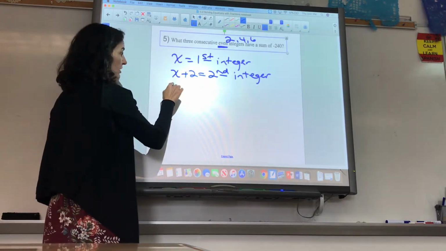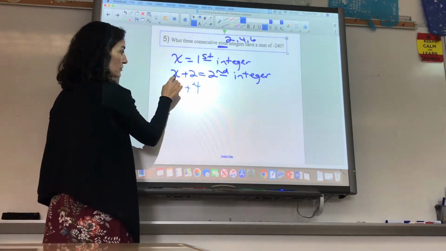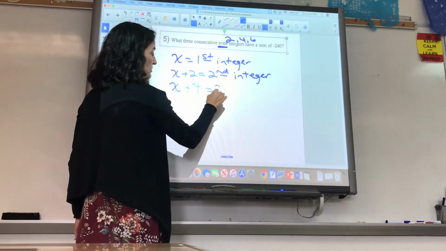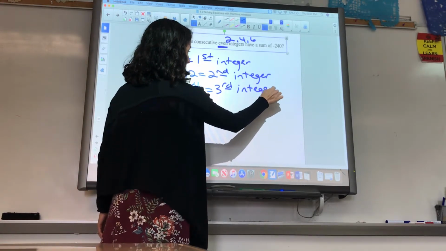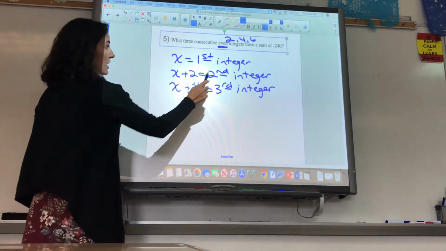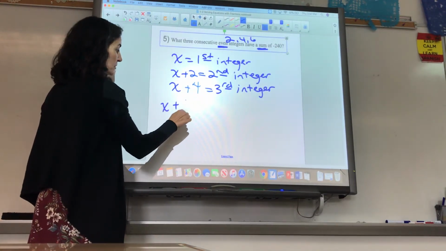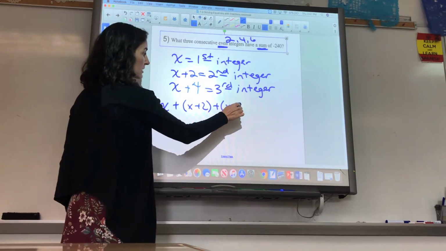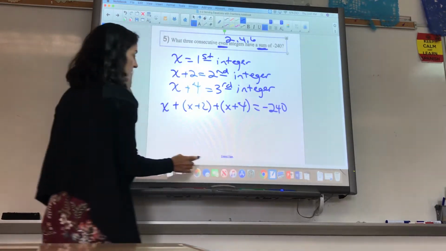And my third integer, to get from 2 to 6, I need to add 4, or to get from my second integer, I need to add 2 more. So x plus 4 equals my third integer. And so to sum them all together, I need to add my first, plus my second, plus my third, and those all equal negative 240.